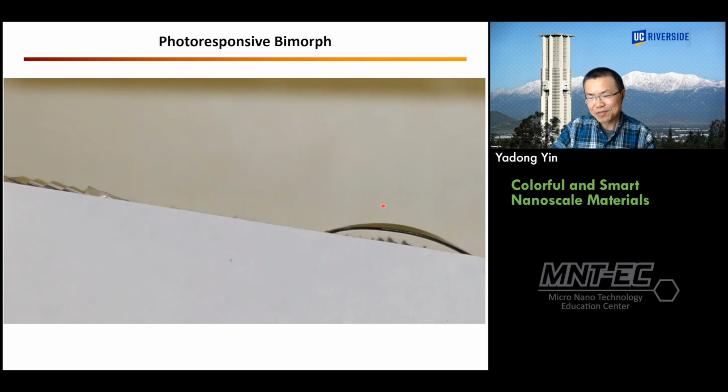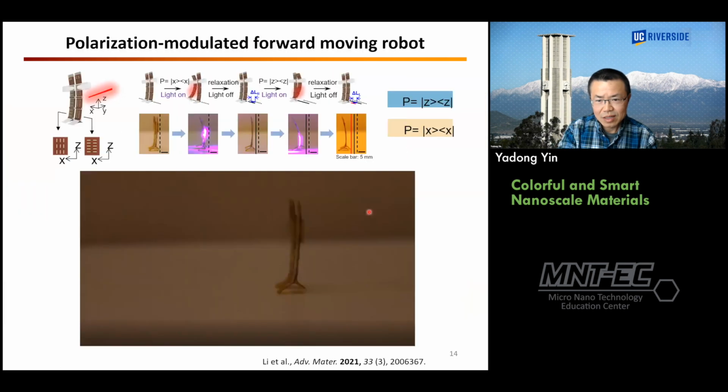It's not perfect, but it can climb. Later we developed something that can really work on just a flat surface, like what we showed here. Great, like a ratchet. Yeah, and here it's on just a flat surface, a much better version.